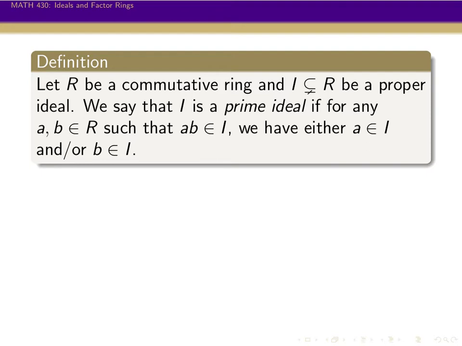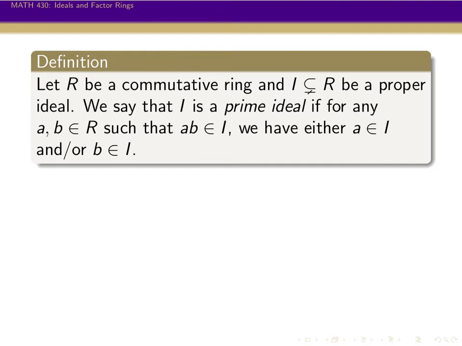Okay, now we're going to talk about two special types of ideals. So first is what is called a prime ideal, and the word prime should make you think about prime numbers in the integers. And the definition is set up to mirror that.